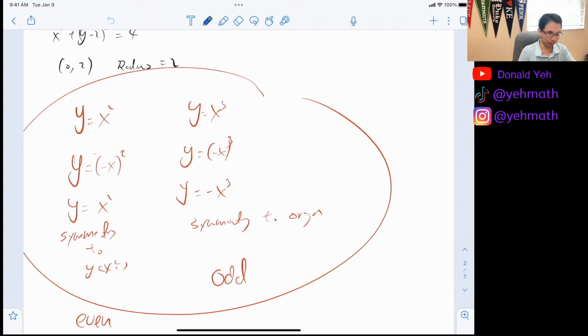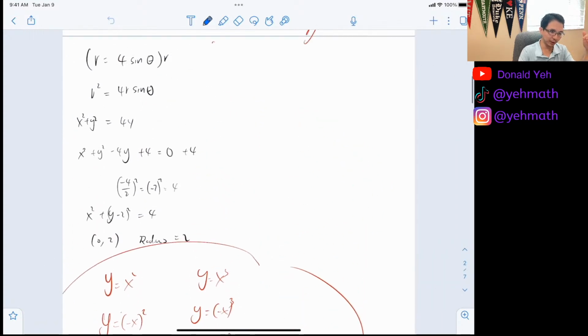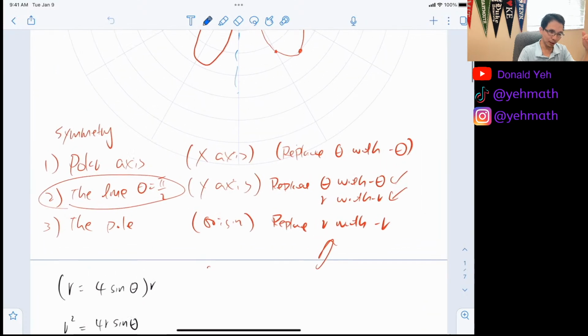If you go back to the original, it's an even function. If you go to the opposite of the original, it's an odd function. The same thing applies here. We just want to see if we go back to the original function. We can replace theta with negative theta, and if it comes back to the original function, that's symmetry to the polar axis.